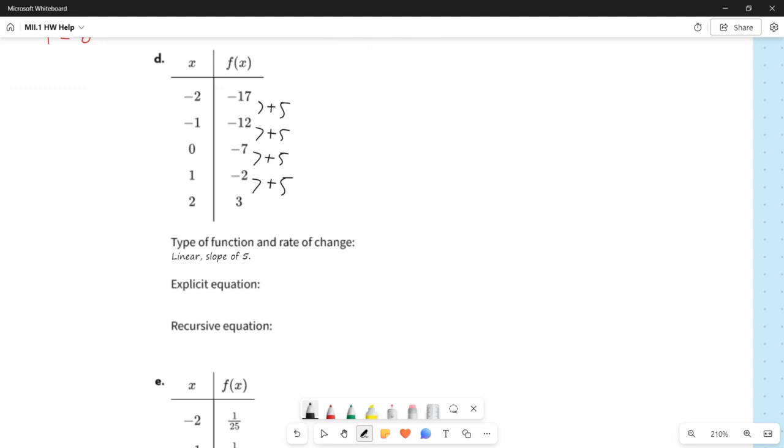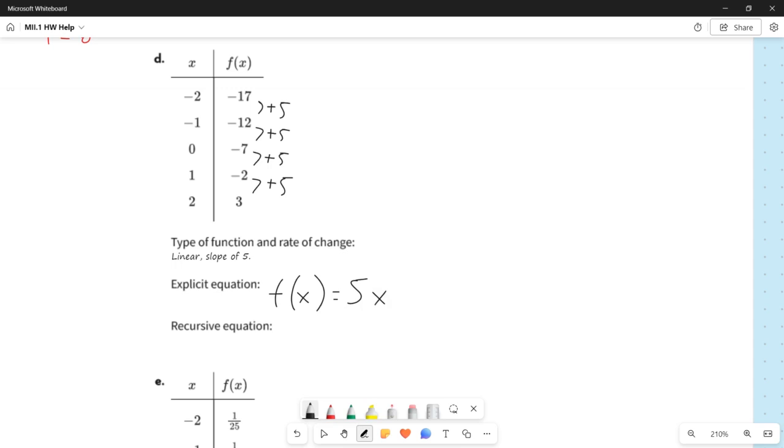For our explicit equation, f of x, with a linear function, is going to be mx plus b. M is our slope, which we just found, so that's going to be 5x.